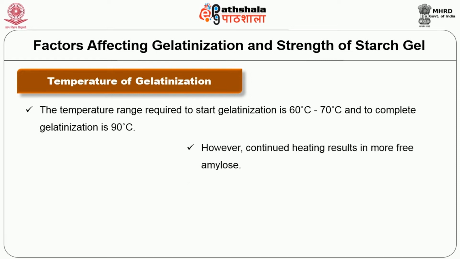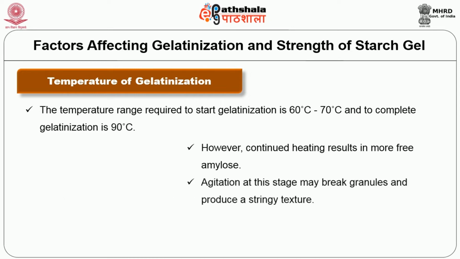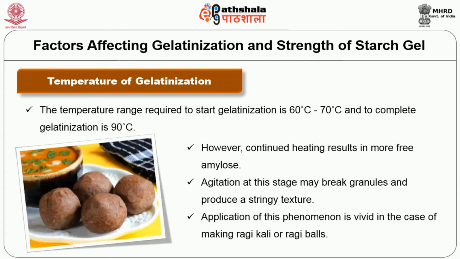However, continued heating results in more free amylose. Agitation at this stage may break granules and produce a stringy texture. Application of this phenomenon is vivid in the case of making ragi kali or ragi balls.